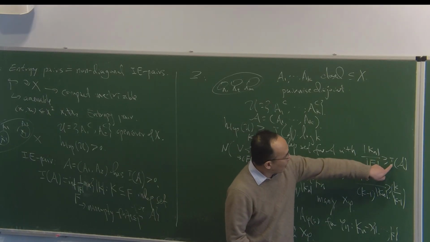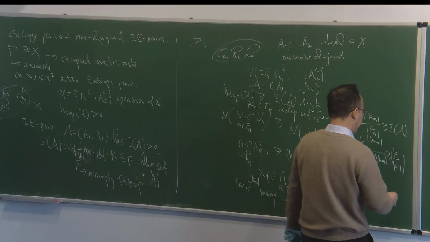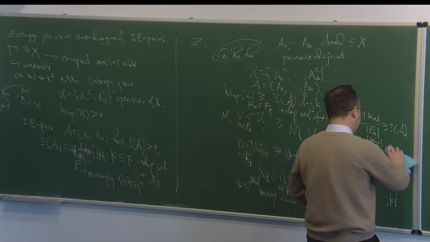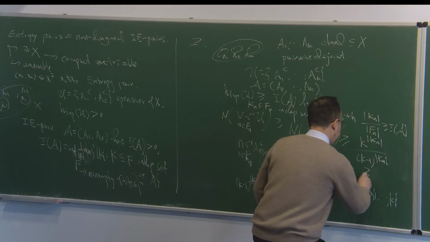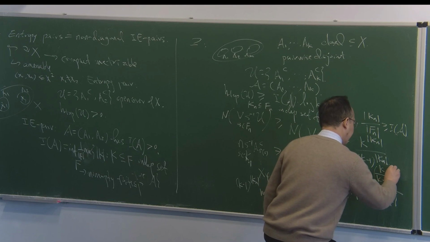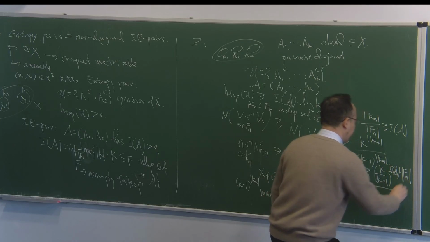Then this is at least k divided by k minus 1. Because this is bigger than 1, we can make k slightly smaller, replace it by the density times F1. Maybe I just write it here. This will be k divided by k minus 1, the density, times the size of Fn.